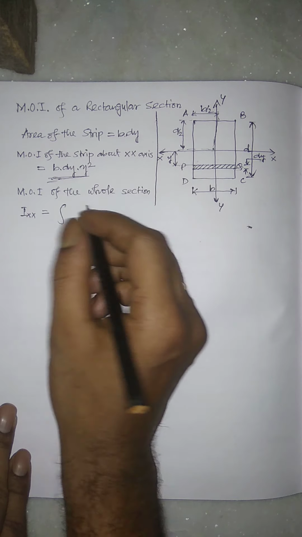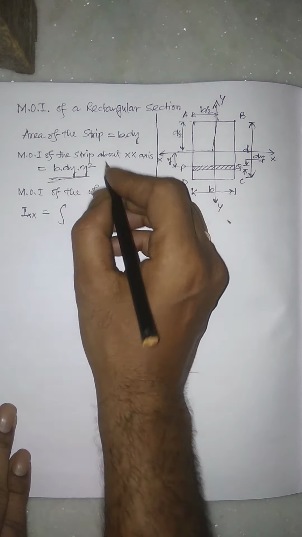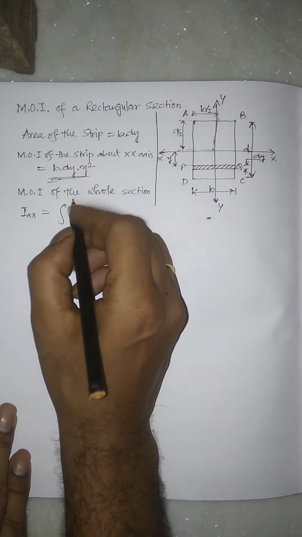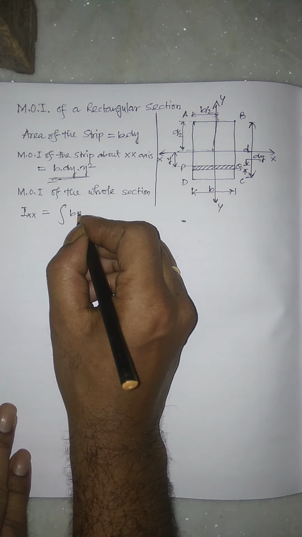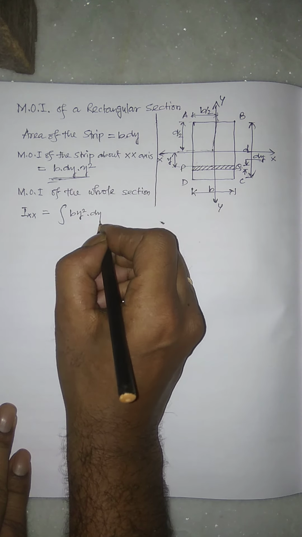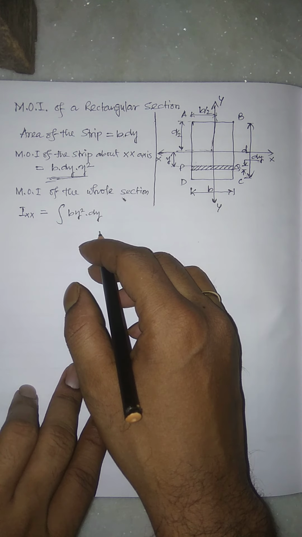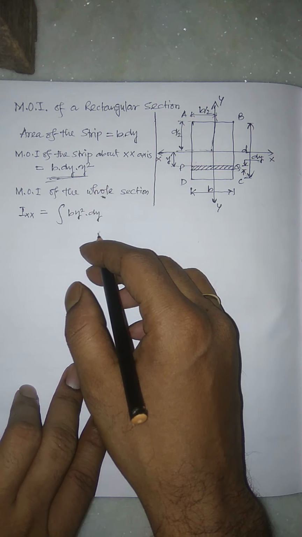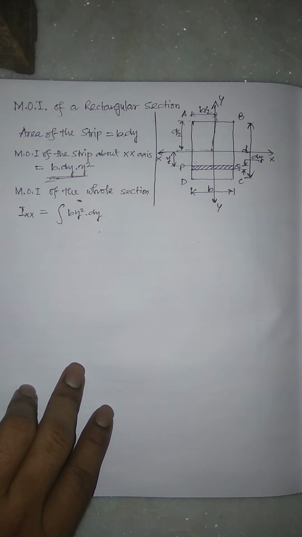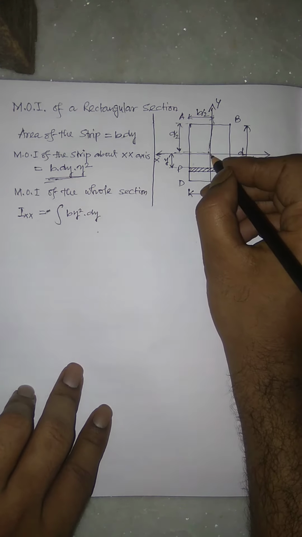It should be equal to the integration of B y square dy, and the limit should be minus d by 2 to plus d by 2.